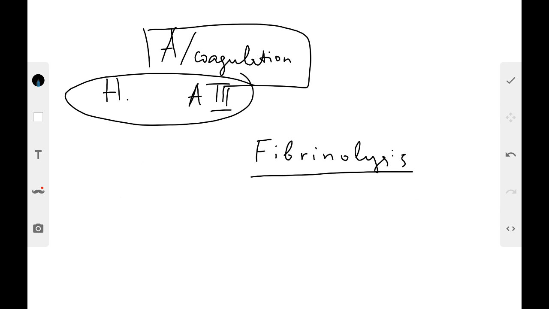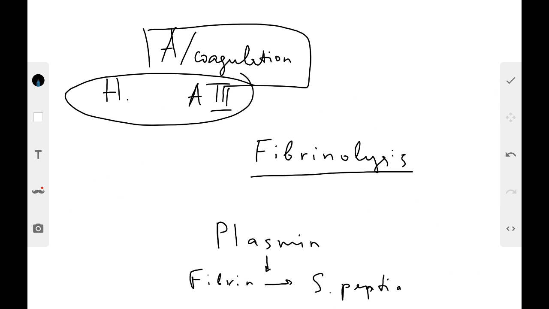So for that sake we have plasmin. The plasmin is the most important enzyme. It breaks fibrin. So plasmin converts fibrin into soluble peptides, fibrinopeptides, which are washed out from this area.